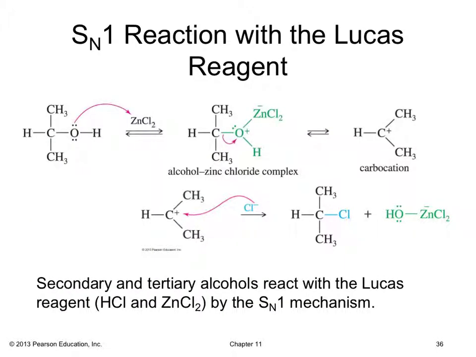Oh, sorry. So here is a more detailed reaction in terms of the Lucas reagent, but this time under SN1 conditions. So secondary and tertiary alcohols will react via SN1. In that case, you have, again, the electrons forming that complex, but instead of nucleophilic attack from the chloride happening as the zinc complex falls off, you're going to have the formation of a carbocation.